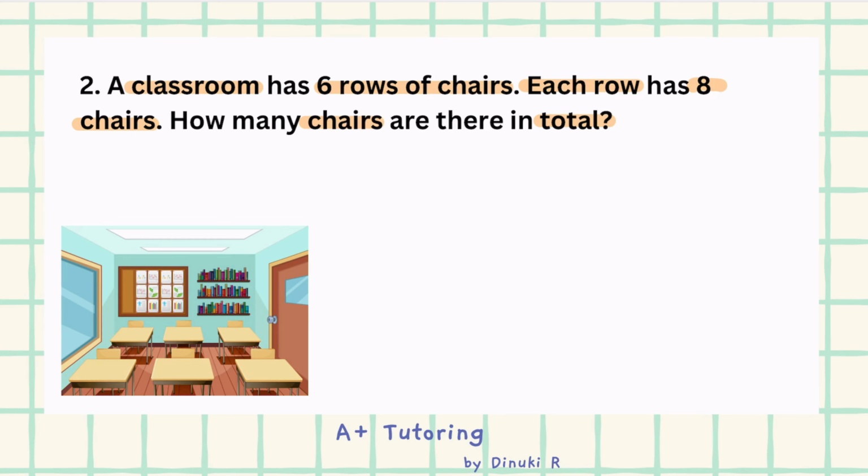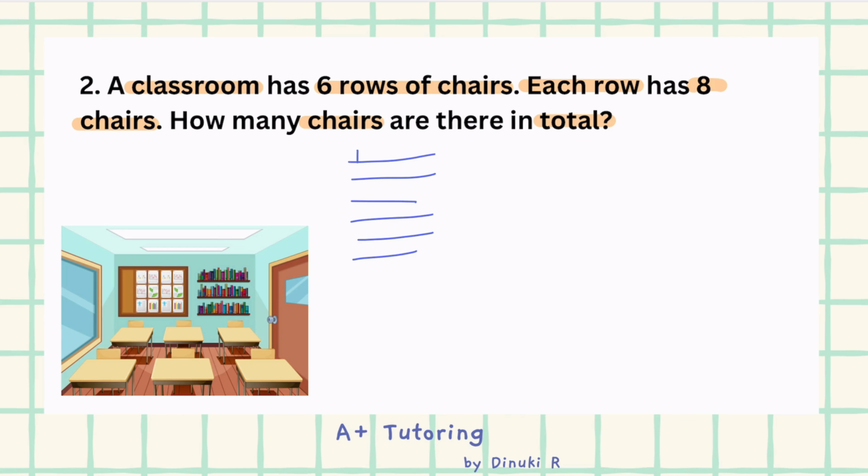Okay, 2 parts to this question, right? The first sentence kind of tells us how the classroom's set up. So we know that we've got 6 rows, right? So something like this: 1, 2, 3, 4, 5, 6, yeah? We've got 6 rows like this, and each of the rows has 8 chairs.